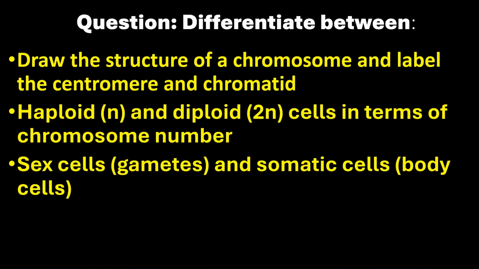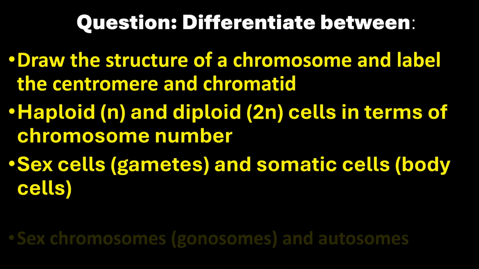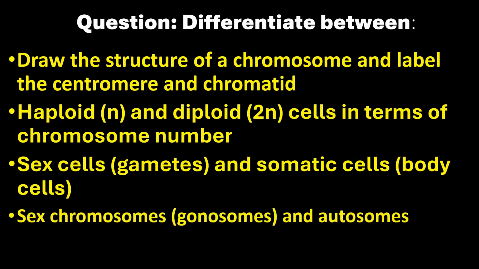And then differentiate between sex cells, also called gametes, and somatic cells, also called body cells. And then also differentiate between sex chromosomes, that is gonosomes, and autosomes. You can just give it a try, and later on, go and check through your notes and find out how best you're able to remember and how strong your memory power is.